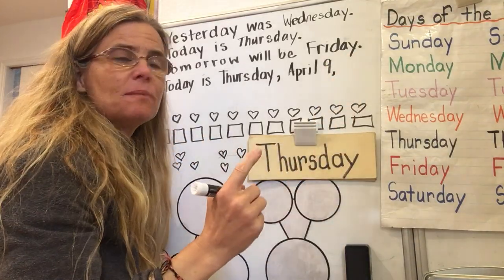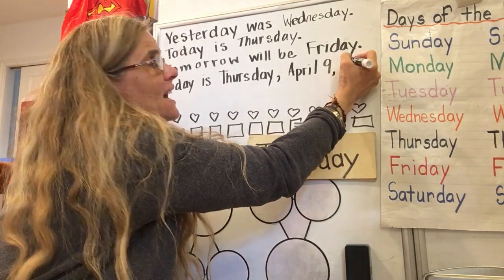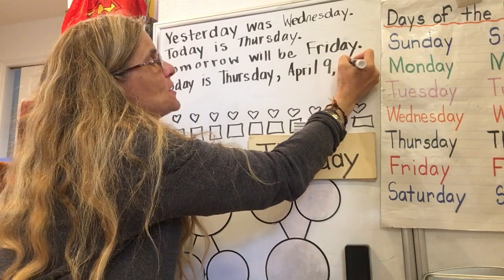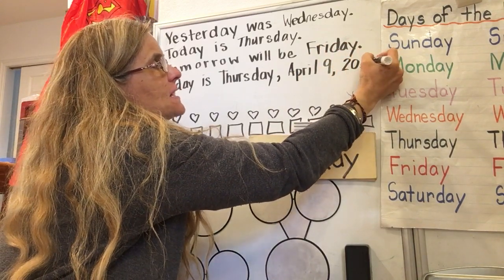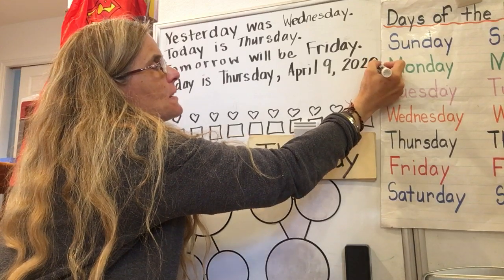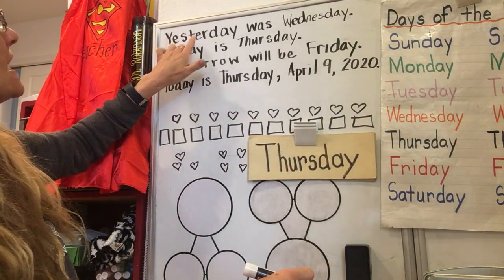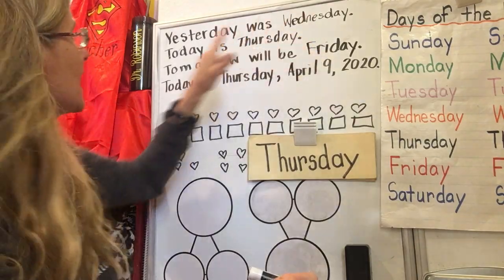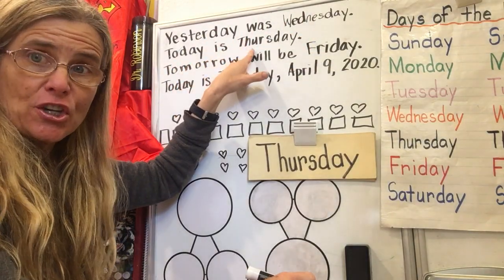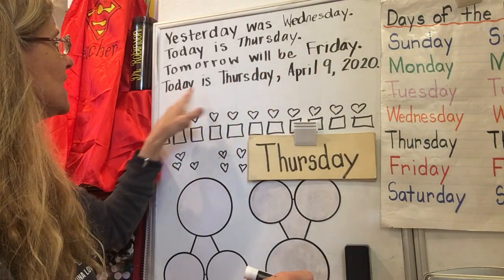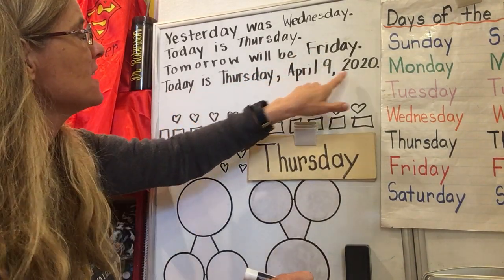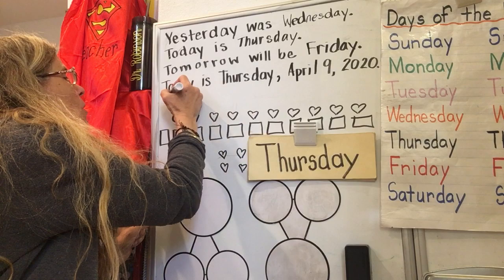Tomorrow we roll up to the double digits. And it's 2020, right? I put a 2 in the thousands place. I put a 0 in the hundreds place. I put a 2 in the tens place. I put a 0 in the ones place. 2020. Yesterday was Wednesday. Today is Thursday. Tomorrow will be Friday. Today is Thursday, April 9th, 2020.